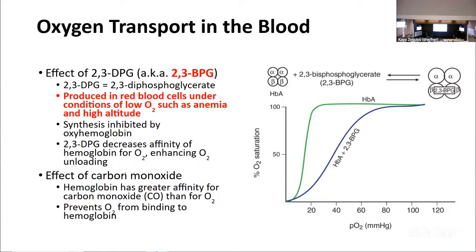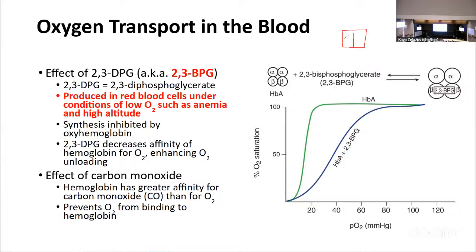So hopefully you all have carbon monoxide detectors in your apartment, because this can seriously impact how much oxygen you can keep in your hemoglobin, but in a different way.